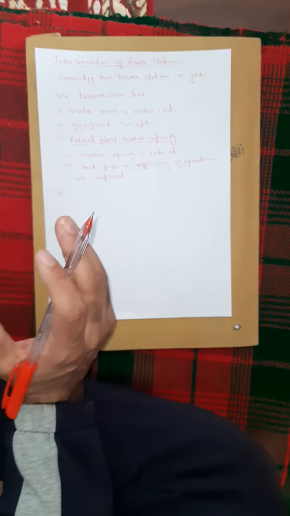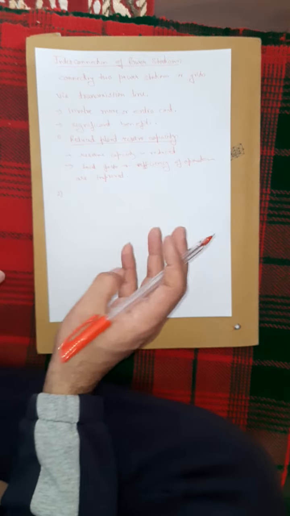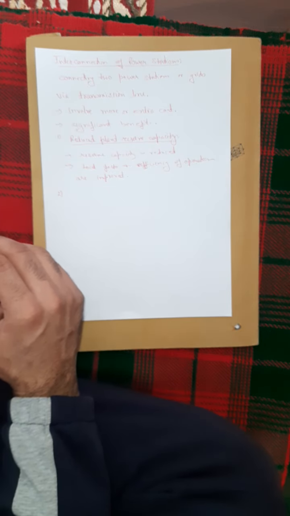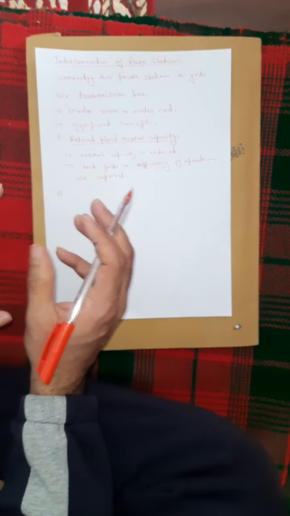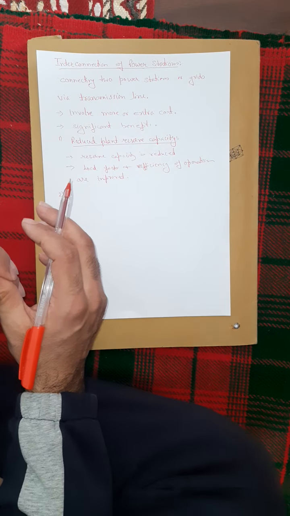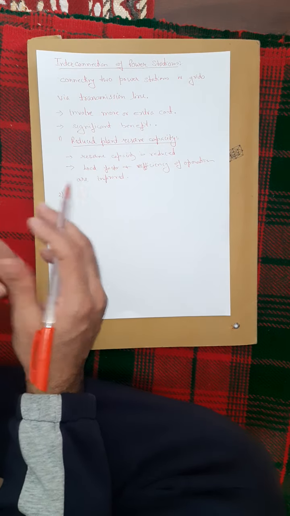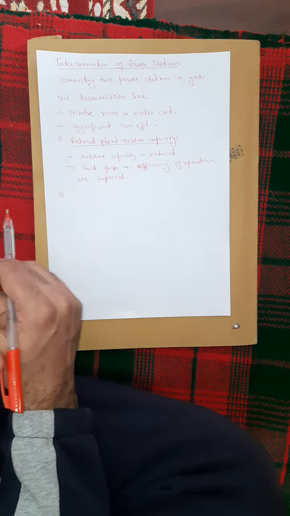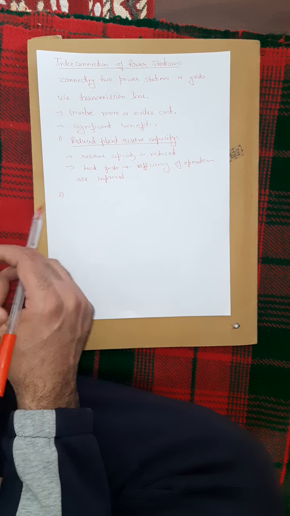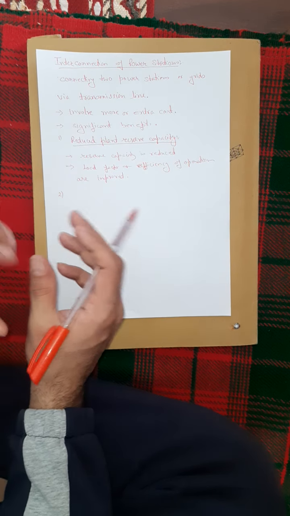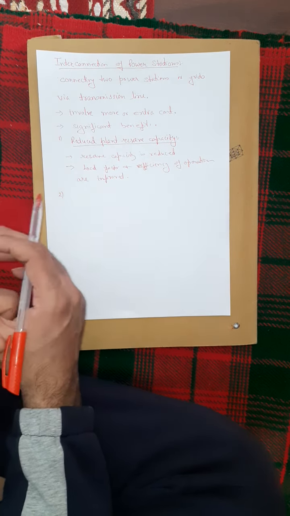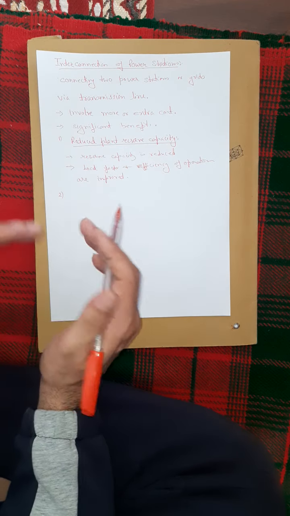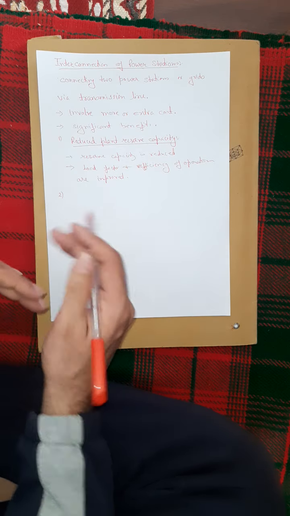In case of any fault in one power station, some part of the load can still be supplied from the other power station. I am not saying all the load, but some critical load, such as hospital load, certain critical industrial load, and defense load, can be supplied from another power station.